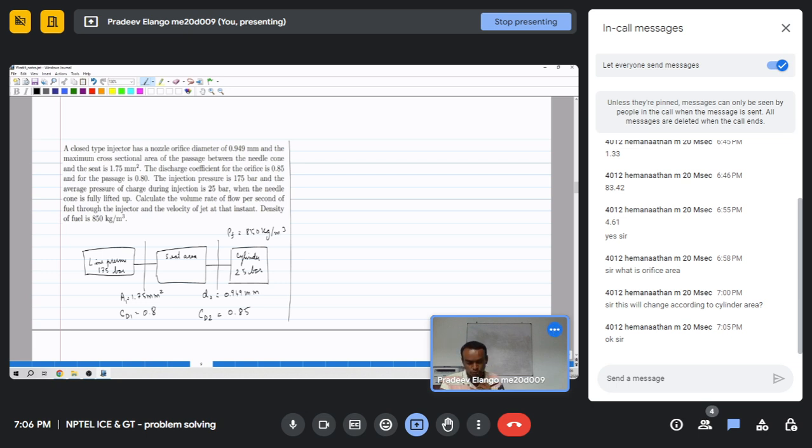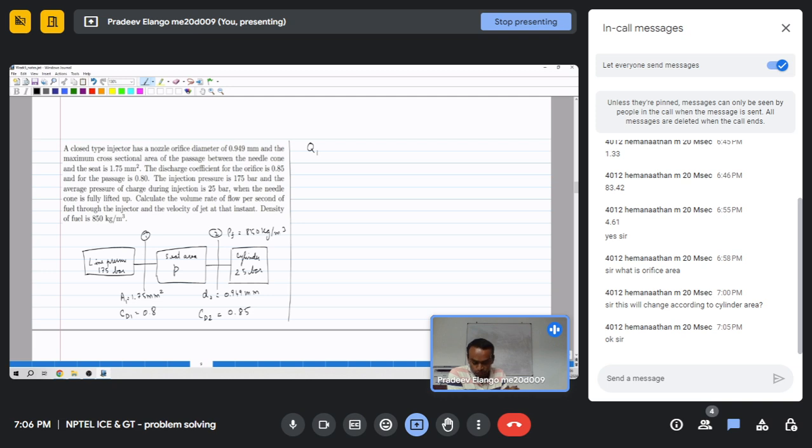Now we need to calculate the volume rate of flow per second of fuel through the injector. So how do we solve this? We can start by writing the orifice equation for different interfaces. We can consider the first orifice, this one, and this is the second orifice.